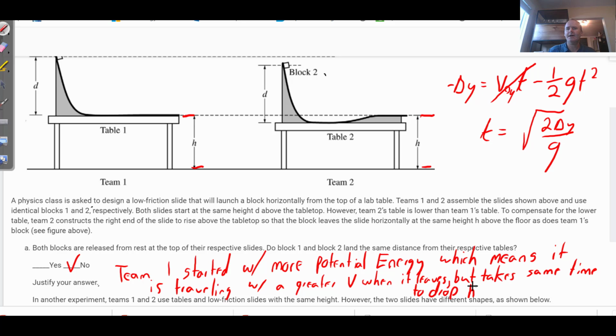So since it takes the same time to drop H, and v equals delta x over t, delta x1 is greater. Again, the whole basis of this is that it has more energy. So this one's going to be moving faster than this one. It takes the same time for both of these to drop the same height, but since this one is moving faster, it's going to go a further distance.